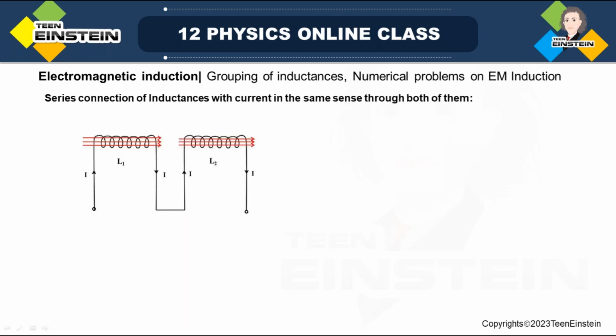Combination, as you know, we have seen combinations in the case of resistors, and we have seen combinations in the case of capacitors. Here we are seeing combination of inductors.